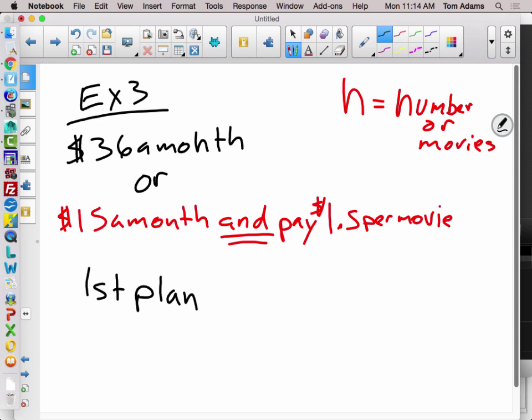And let me reread the question. You'll see why in a second. We're basically comparing them. But it says, how many movies must you rent in a month for the first plan? Well, let me write down the second plan.